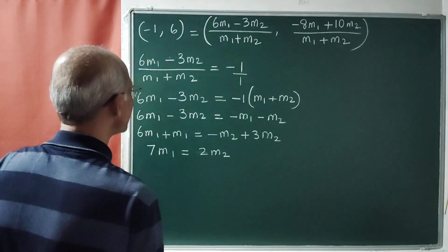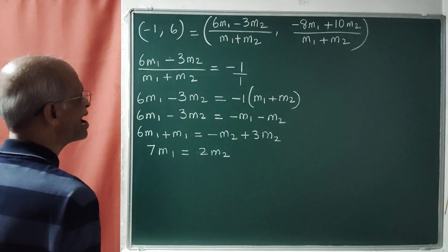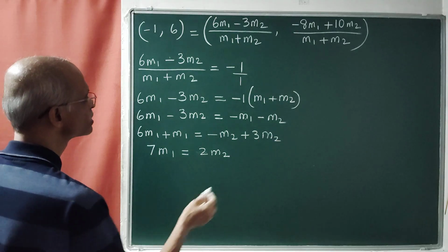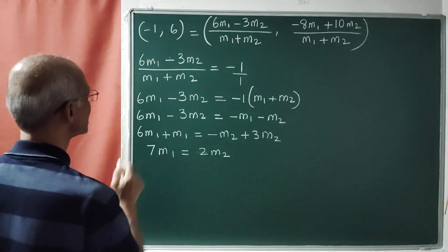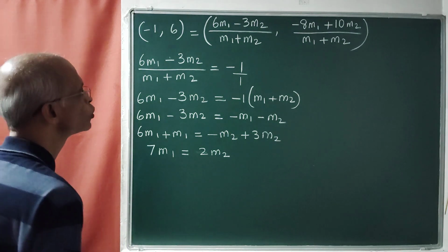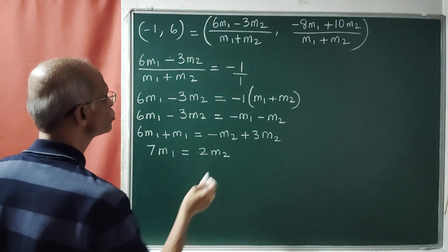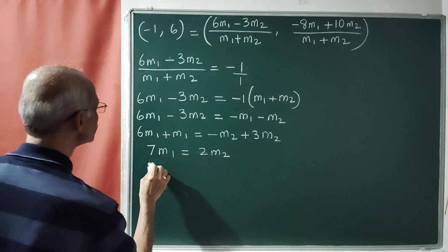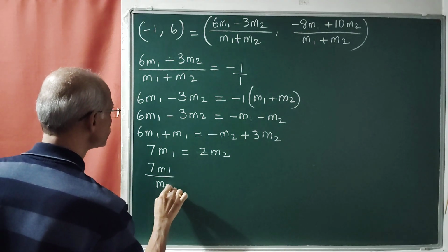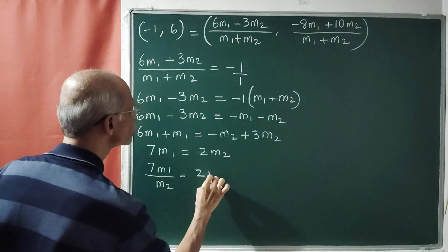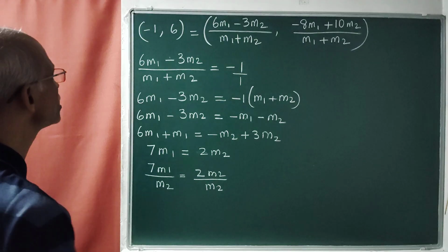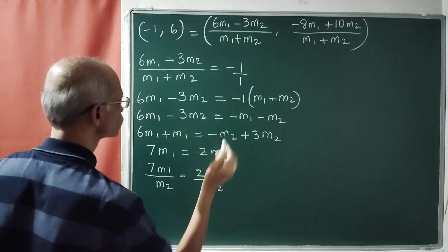Now to bring m2 to the left side, we can't simply transpose. What I will do, to cancel out this m2, I will divide both sides with m2. So 7m1 by m2 is equal to 2m2 by m2. I have divided both sides with m2 to cancel this m2.